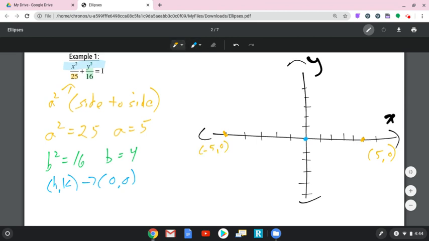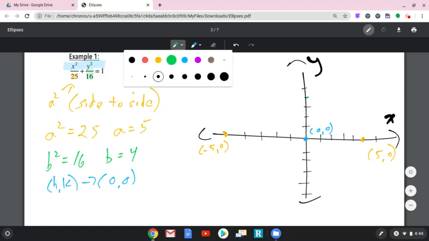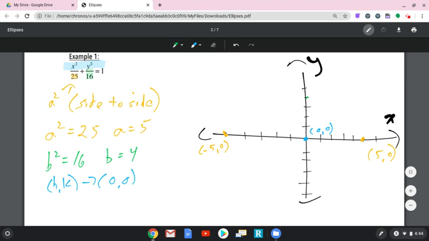And remember, what we have here is that the center is 0, 0. Now my B value, I would add to my K because B tells me my minor axis. So I would go up 4. B would be 1, 2, 3, 4. Let me make it a little bigger. So I have my B right here.